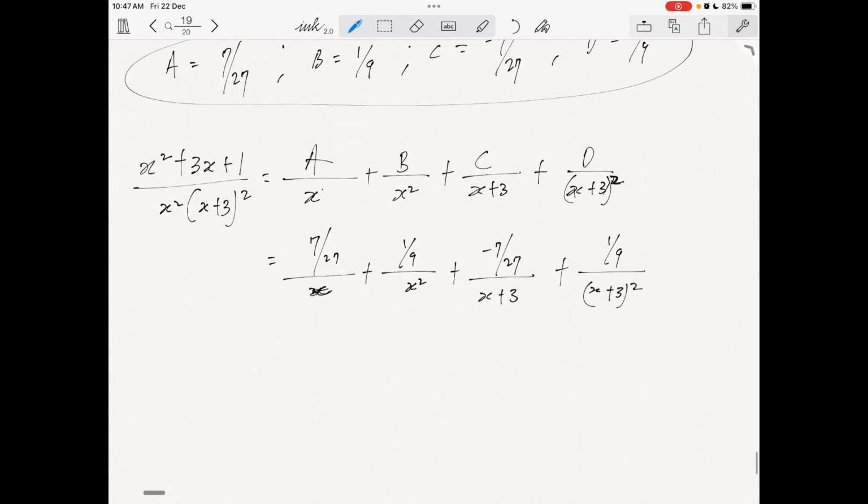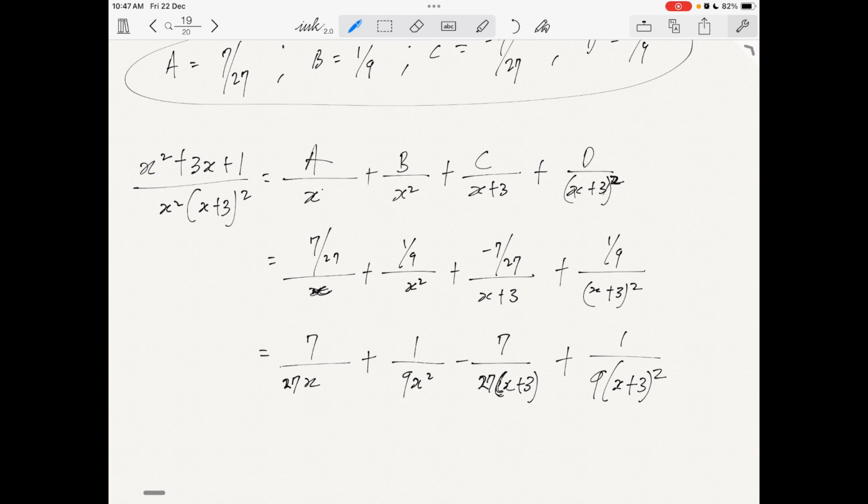Now when we substitute our values, we have 7 over 27x plus 1 over 9x squared minus 7 over 27 into x plus 3 plus 1 over 9 into x plus 3 squared. And this is the solution of the partial fractions.